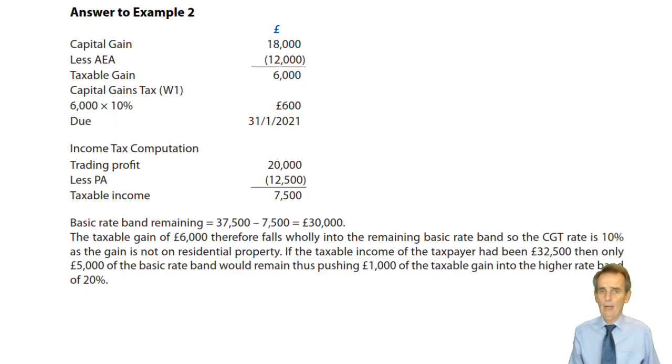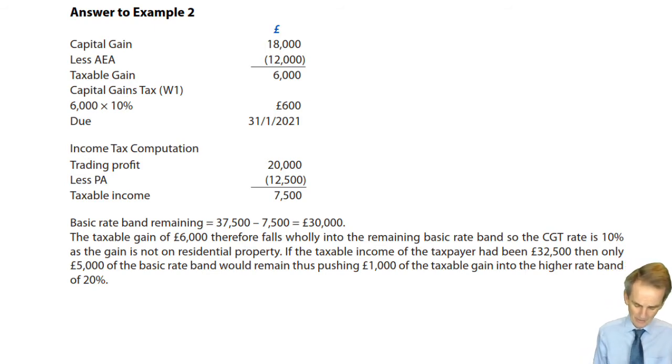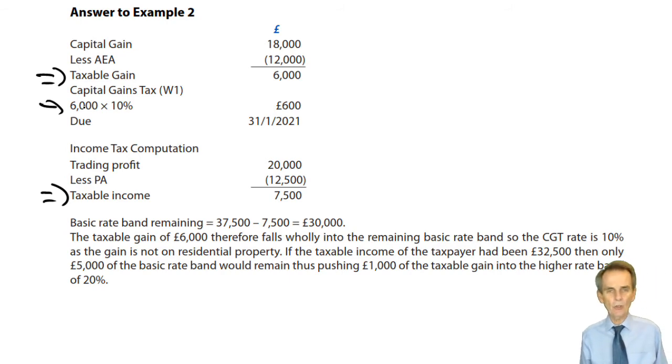Okay, well, hopefully you had no problems in dealing with those exercises, but let's make sure we've understood what's in the answer here. We know that to be able to establish a CGT liability, you clearly need to ascertain the taxable gains. You then need to know the taxable income so that you can establish the CGT rate or rates that will then apply. So a single figure of gain of 18,000 less our AEA of 12,000. So we're talking about taxable gains of £6,000. Single figure of income 20,000 less the personal allowance.